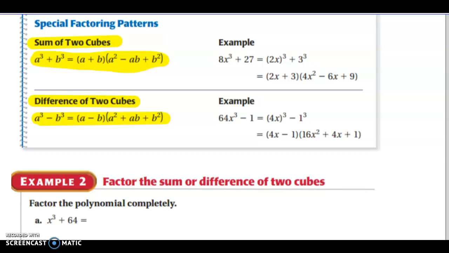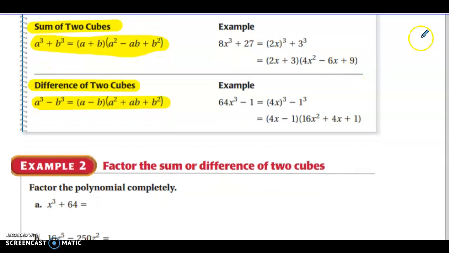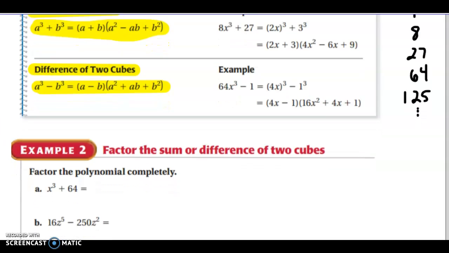I'll give you a list of cubes, or you could generate your own, but some common cubes are 1 cubed is 1, 2 cubed is 8, 3 cubed is 27, 4 cubed is 64, 5 cubed is 125, and so on. I mean, you could generate more. Those are typically the ones we see.